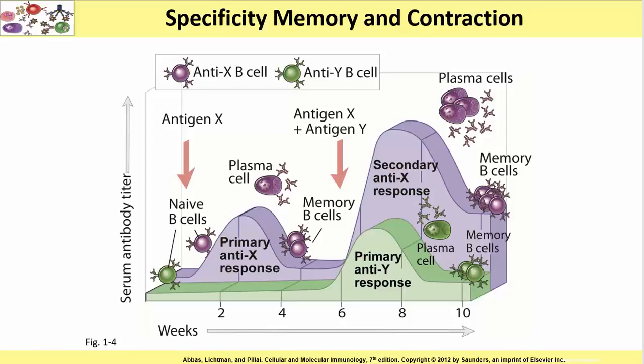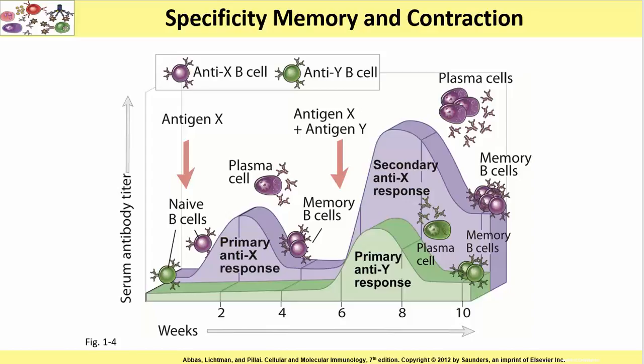The primary response takes longer and is not as efficient. It's not as large and it's not as efficient, but it does create memory cells. And the memory cells are just clones of the first cell that was activated.